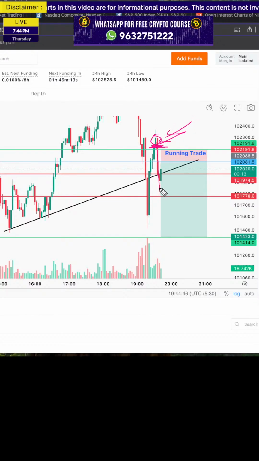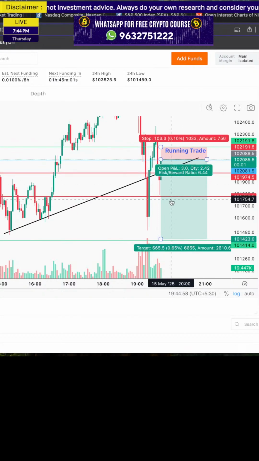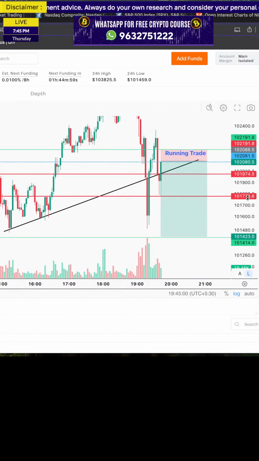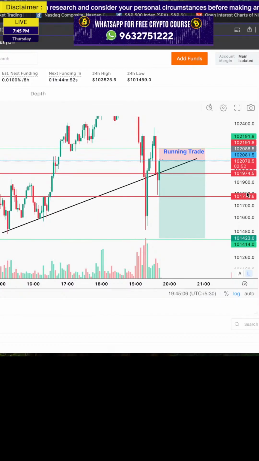So in case this is just a pullback and market corrects, means target will be achieved, or the small $20 stop loss I've given, I'll take that stop loss and close. Cost to cost.